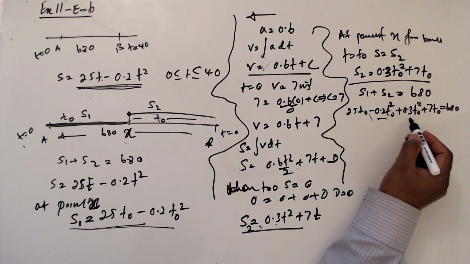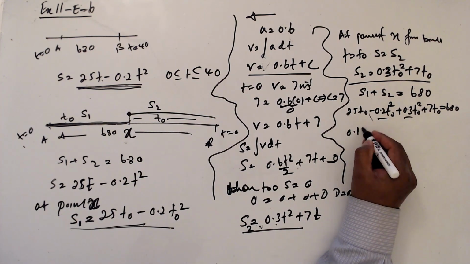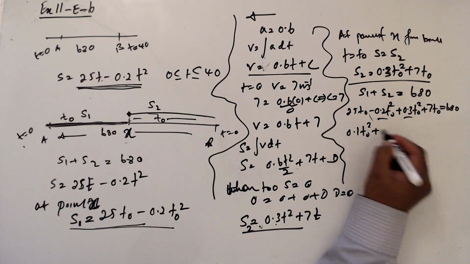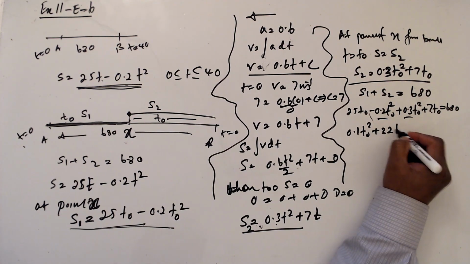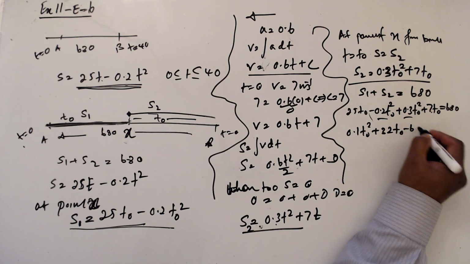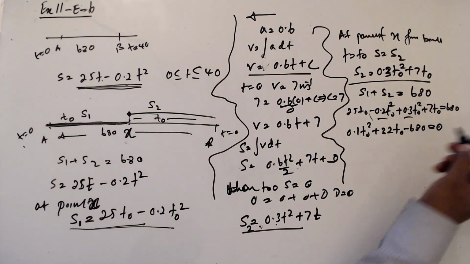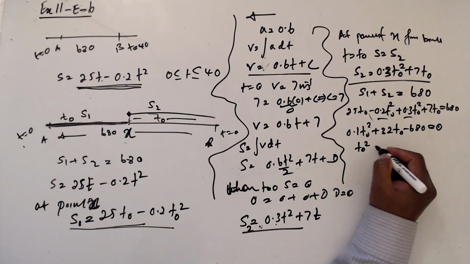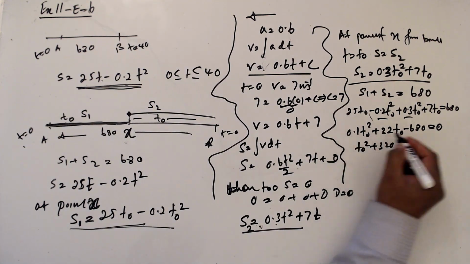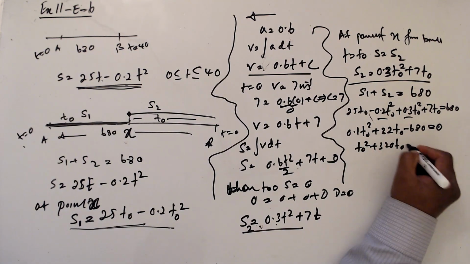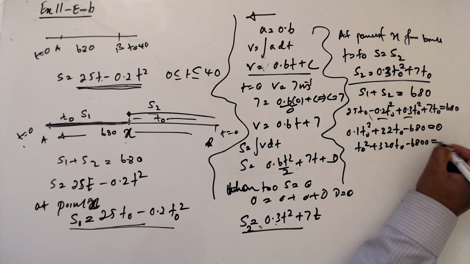So then this is going to be 0.1 t naught square plus 32 t naught minus 680 equals 0. So t naught square plus 320 t naught, I multiply by 10, minus 6800 equals 0.